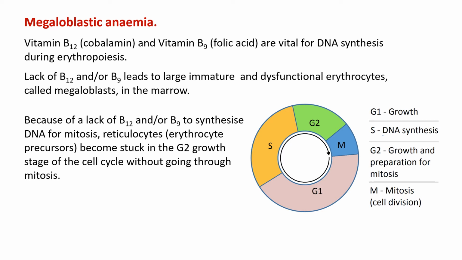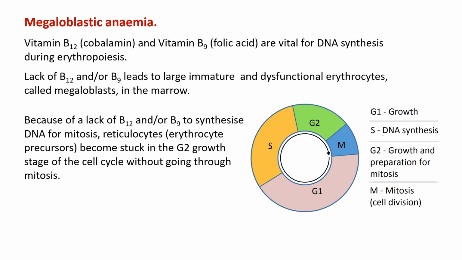You see the green area there just before the blue M of mitosis, where the actual division happens. There's a lot of preparation in the cell cycle before you get to mitosis, and we'll talk more about that when we start talking about cancer, malignancy, and what happens in cells then in terms of that growth cycle.